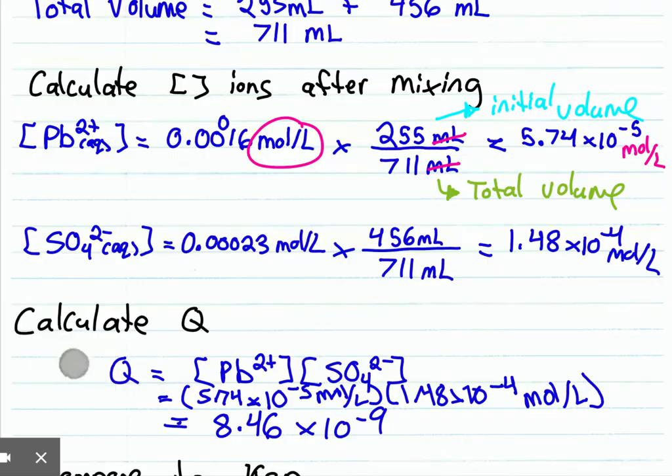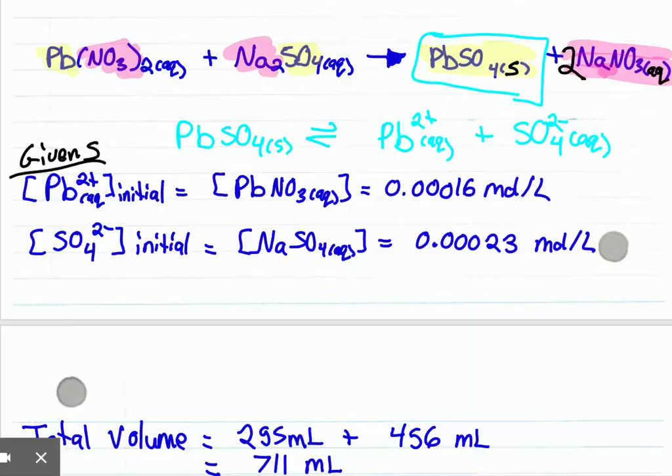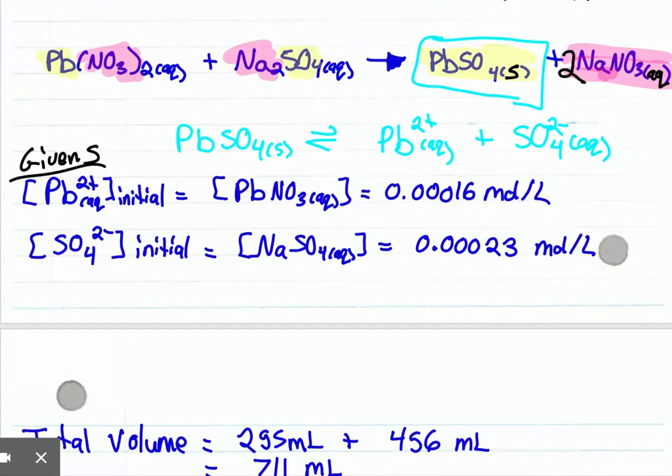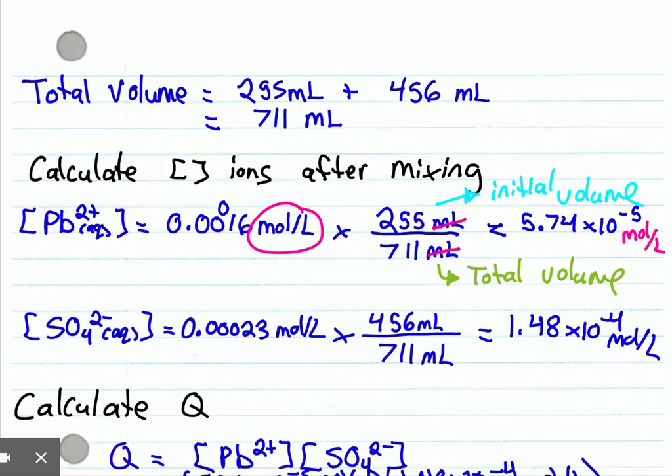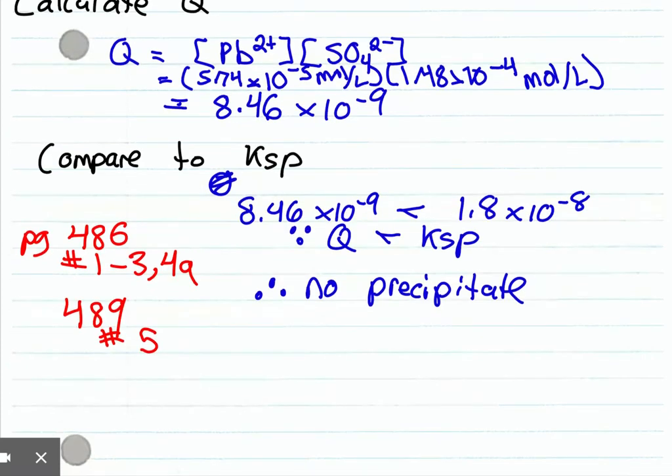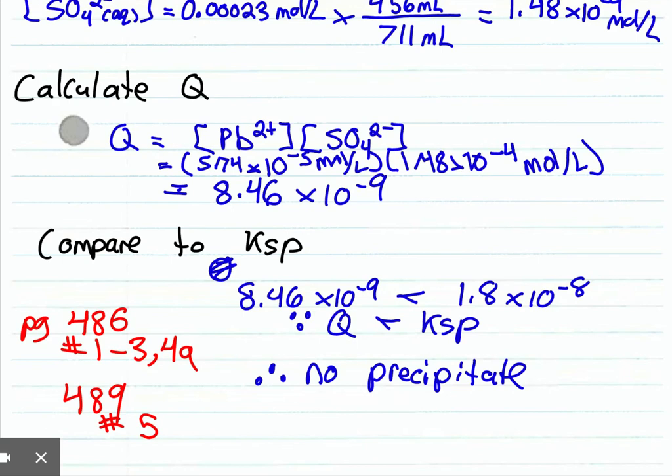Now, one thing I want to point out to you is that when our lead sulfate dissociates, it's dissociating into one lead ion and one sulfate ion. So there's no coefficients. If there were coefficients, we would have to carry those to our equation for Q, but both of the coefficients are ones.